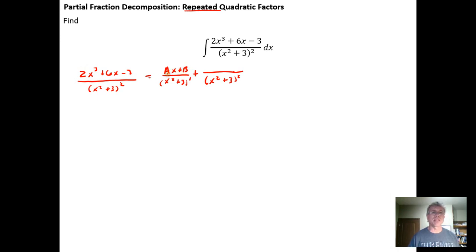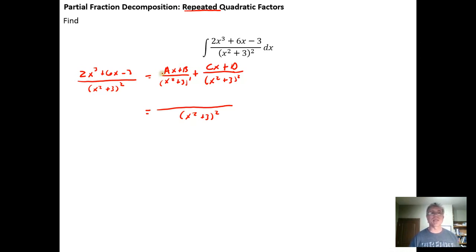We're going to guess that the numerator is linear. And here it's still the x squared plus 3 as the core term, so we're going to guess another linear expression, cx plus d.